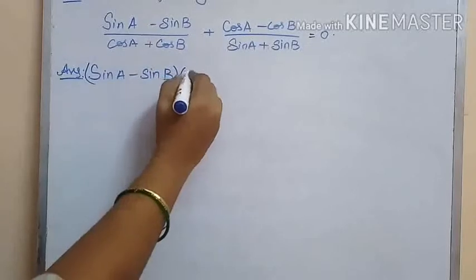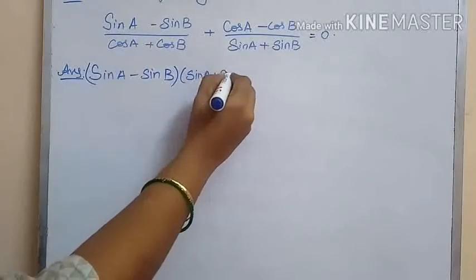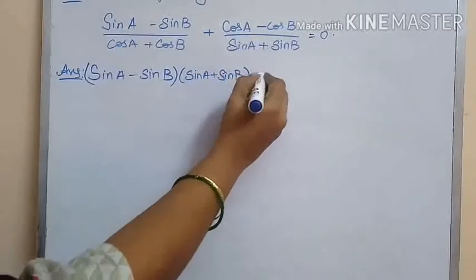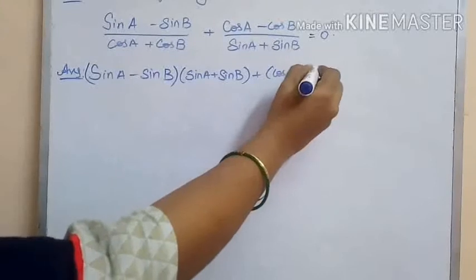The next problem we have here is sin A minus sin B by cos A plus cos B plus cos A minus cos B by sin A plus sin B is equal to 0.